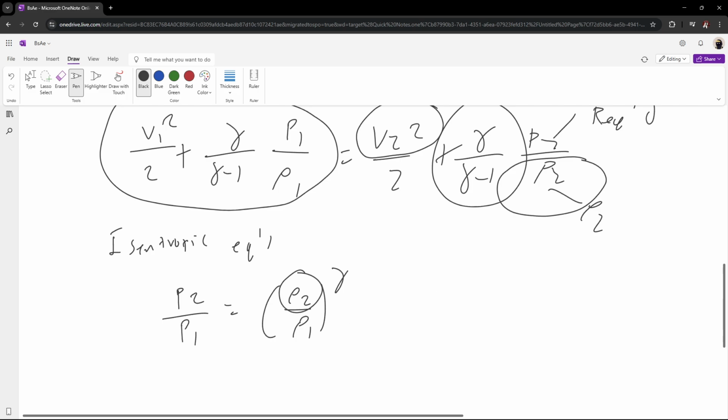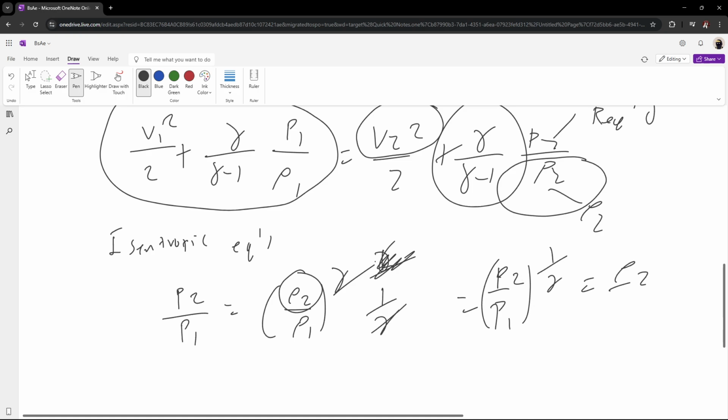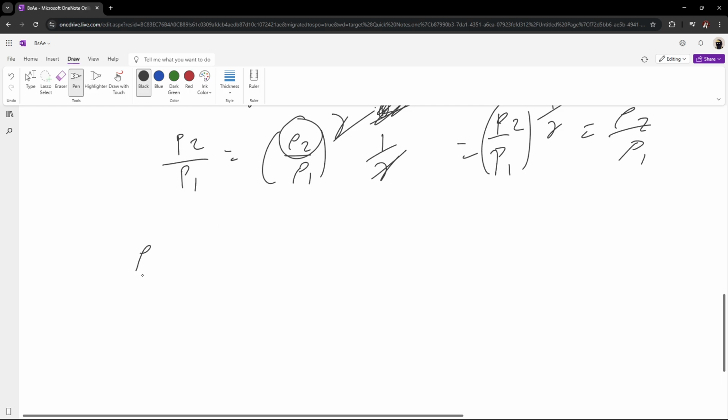Now we need to get rho 2, so we simply take the 1 over gamma power, and we get rho 2 equals rho 1 times P2 over P1 to the 1 over gamma.